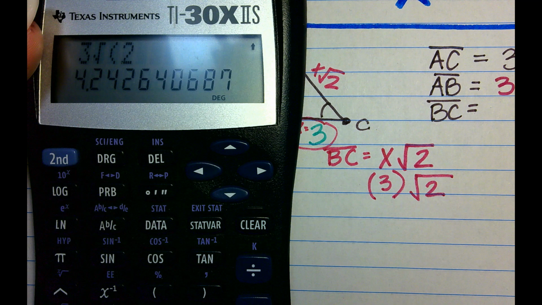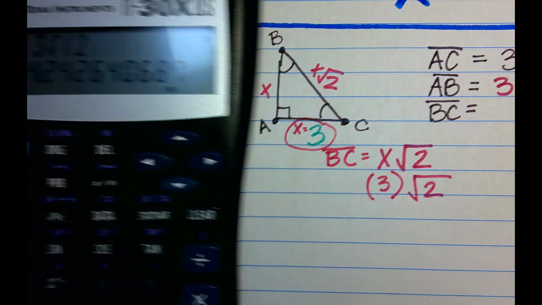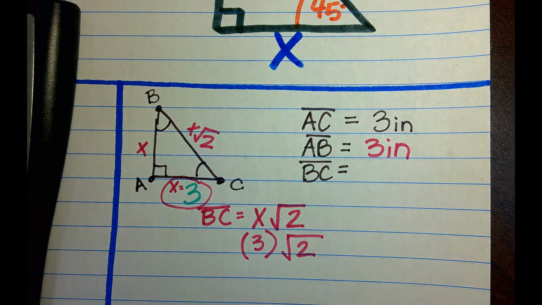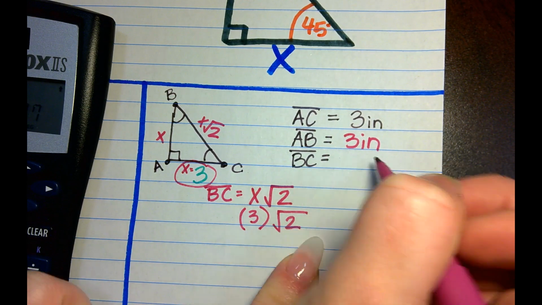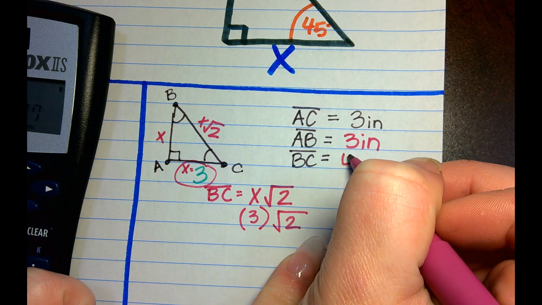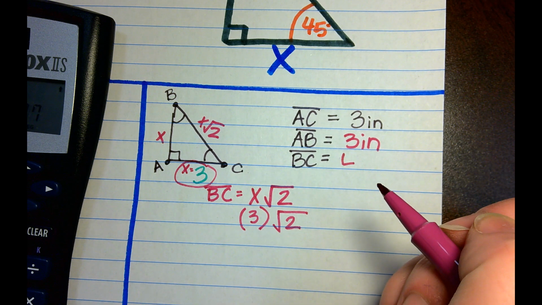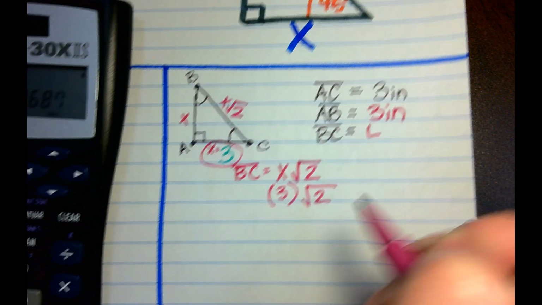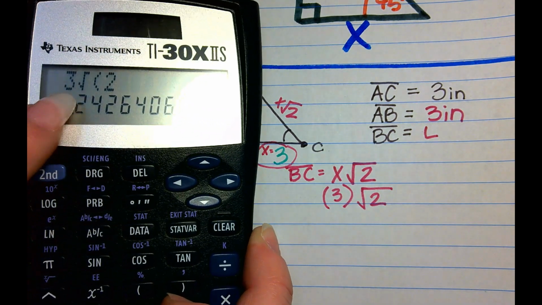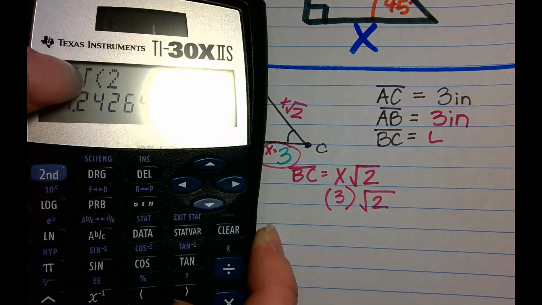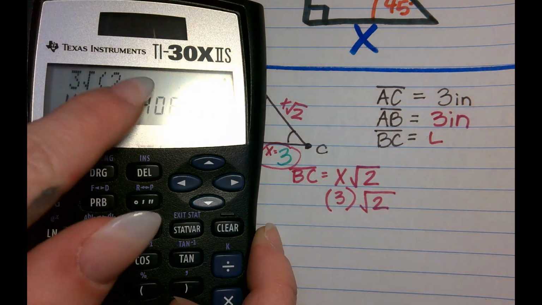Can you do that one more time? Yes. I'm just going to type it all in at once: 3, second, square root 2.